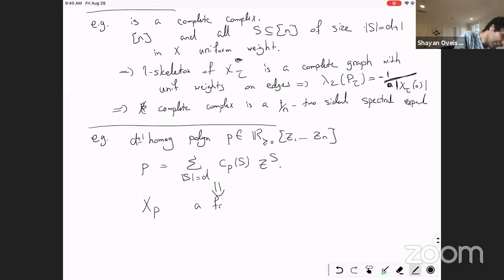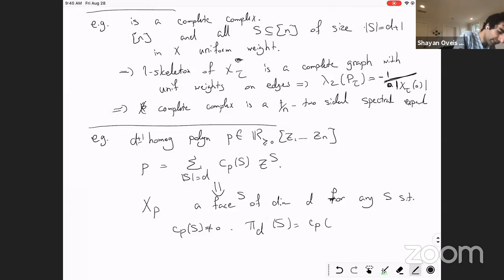You have a face S of dimension d for any S such that C_P of S is non-zero, and the weight, let's say pi_d of S, is exactly C_P of S. So you give me a polynomial, I build a simplicial complex, top faces are these, and then I take the downward closure.